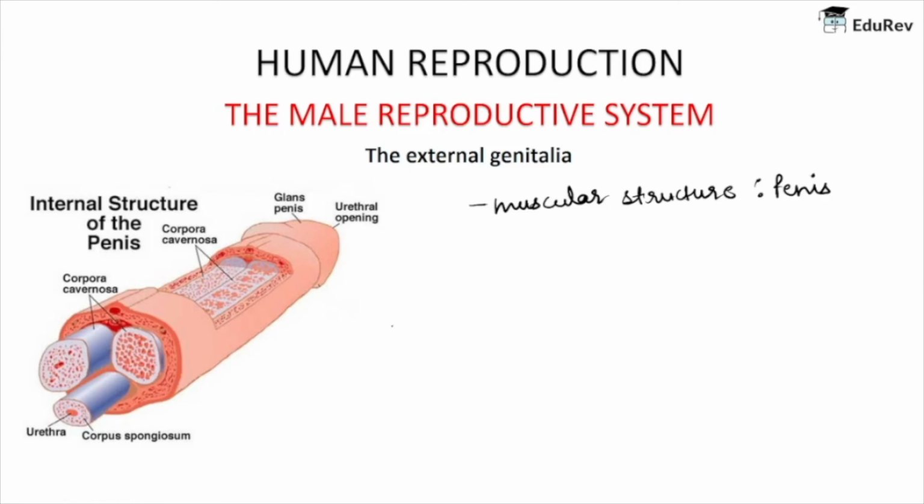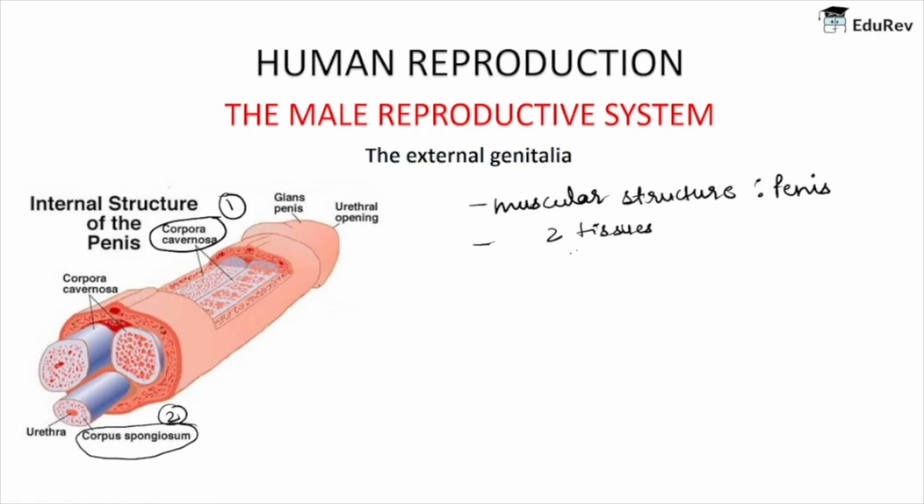This external genitalia or penis is made up of two types of tissues. First one, look in the image, is the corpora cavernosa. I would like to write number 1 here, and second one is the corpus spongiosum, number 2.